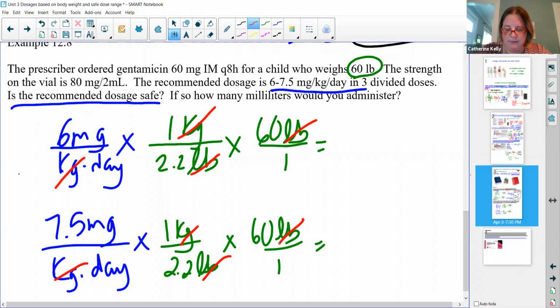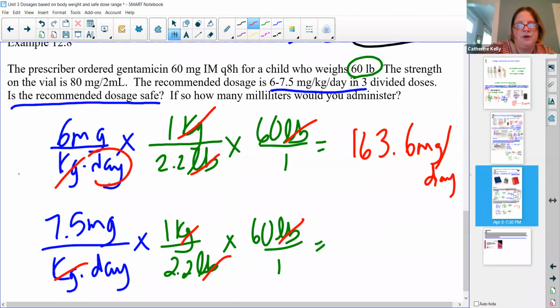So 6 times 60 divided by 2.2 gives you 163.6 milligrams per day. Be careful, make sure this is per day, so you still want your answer to be in per day.